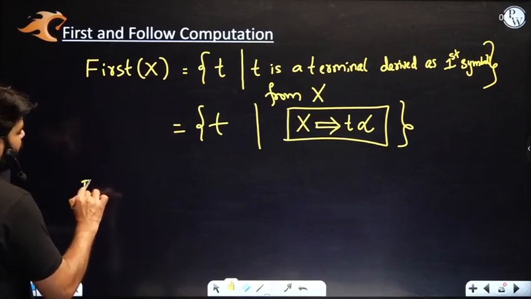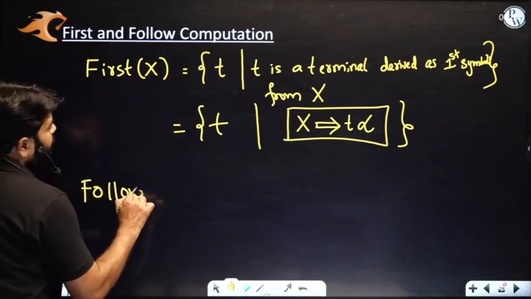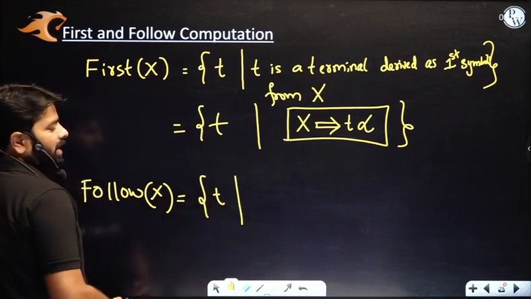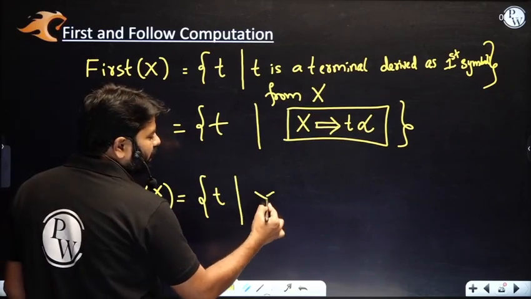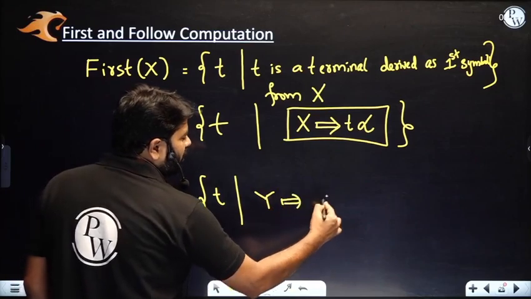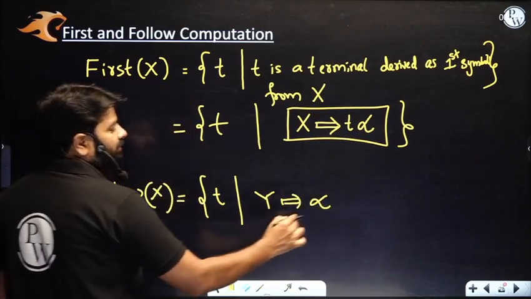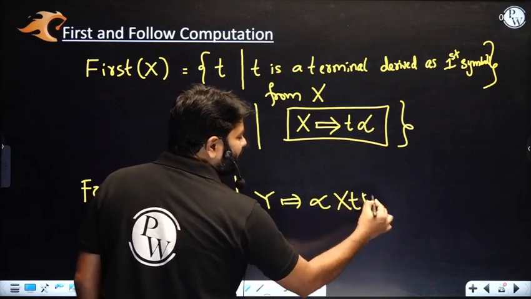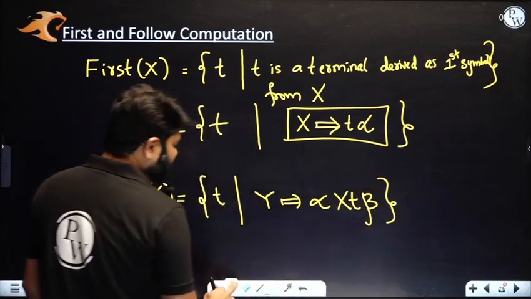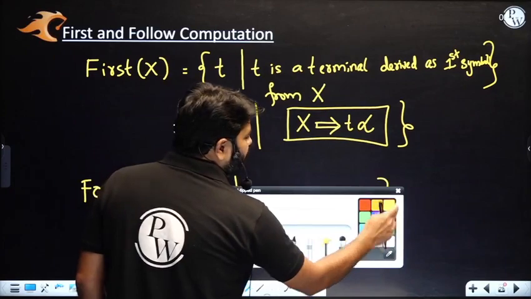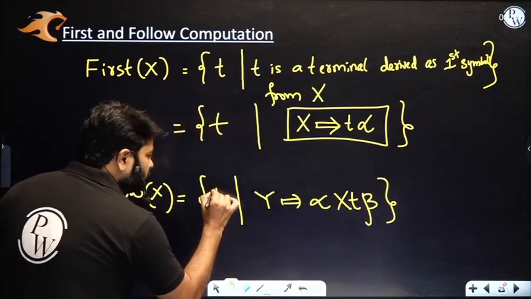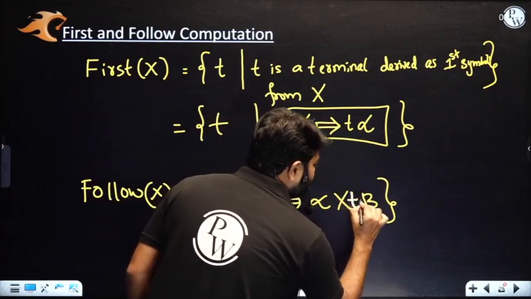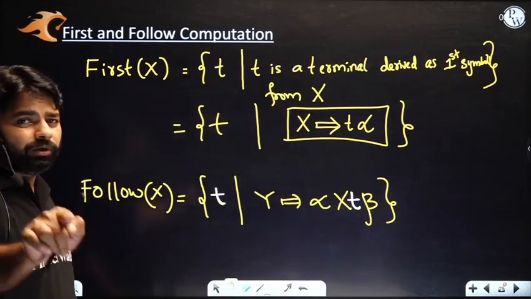What is the follow of X? I will directly write a formula here. I want a T where I do not care what is y, but you have alpha and you have X, then immediately you will see the T. After that you may have anything, it does not matter. So understand what I am focusing on. I want this T, but that T is present just after X. Somehow it is present; you need to compute with the rules.